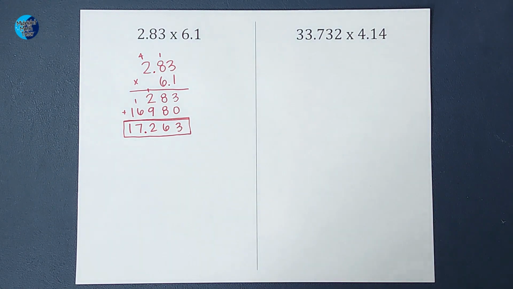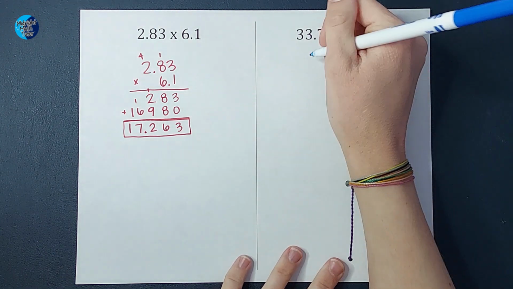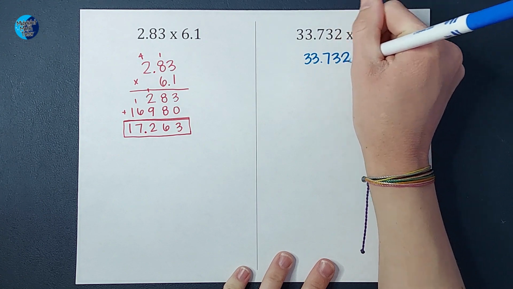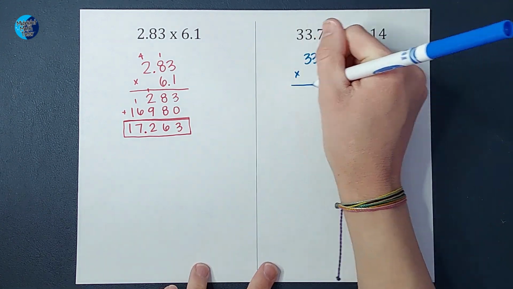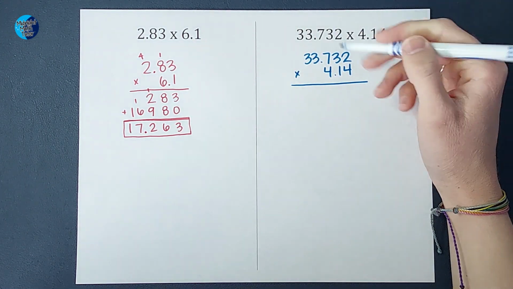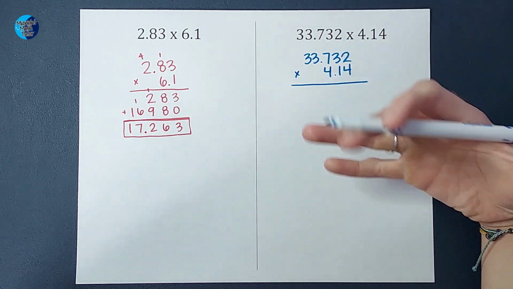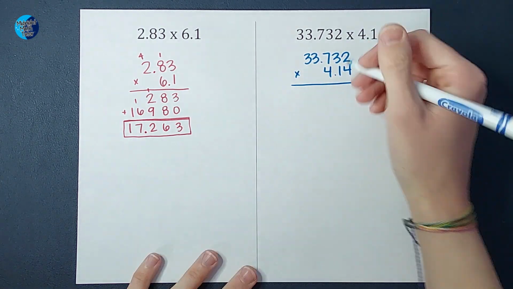All right, let's go ahead and do one more. Like I said, we can just ignore the decimals for a moment. Okay, I'm just going to multiply these like normal, ignoring the decimals for just a minute.